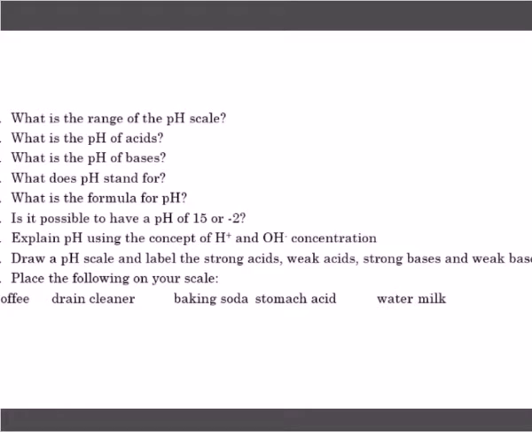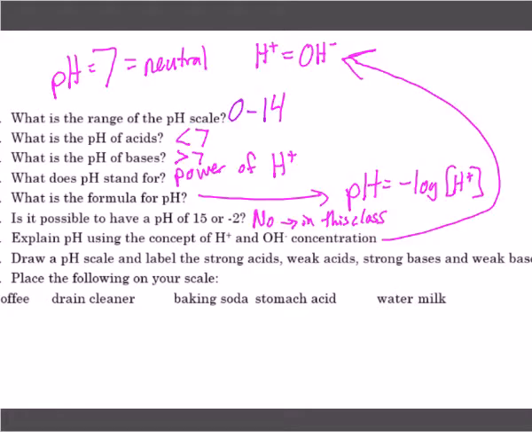All right, let's take a look here at the questions from your reading. Along with neutral, so we talked about neutral, where the hydrogen ion concentration equals the hydroxide ion concentration. But right here, if the pH is less than 7, folks, which ion do you think is greater? Hydrogen ion is going to be greater. So a pH that is less than 7 is what type of solution? An acidic solution, and the hydrogen ion concentration is going to be greater than the hydroxide.